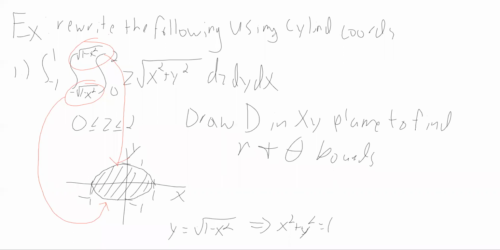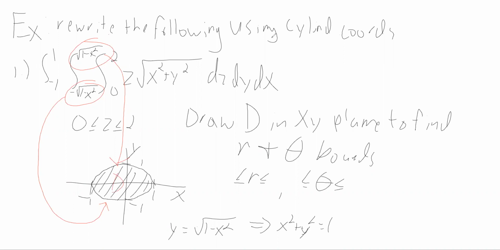So we get the entire circle. Does everyone see that here? Okay, so this is our region, D, where x and y live.